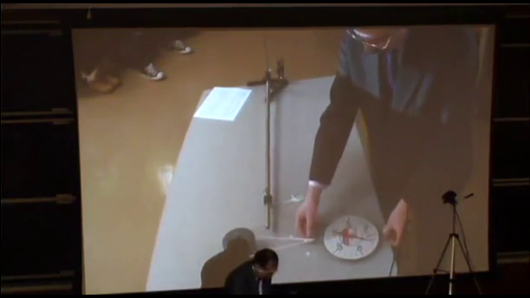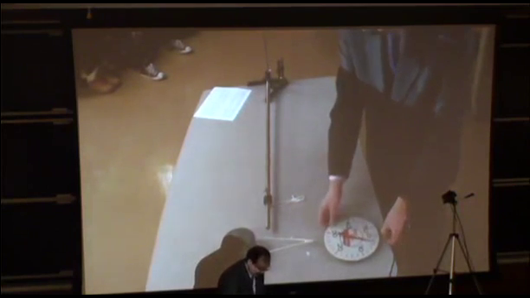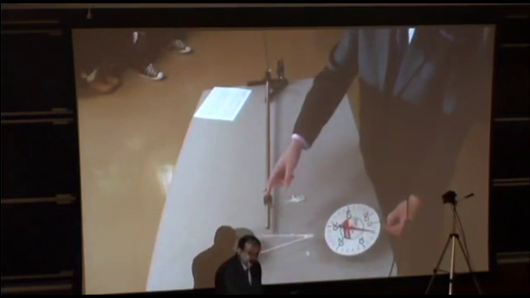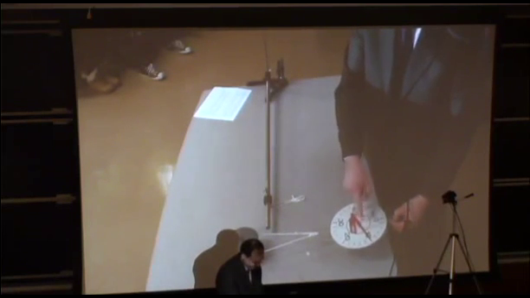So for example, right now, I'm pulling on the string attached to this 5 kilogram weight, exactly the same as last time, and nothing is happening because the force is not strong enough. So I'm pulling, and eventually it starts moving. It starts moving when the force is about 10 newtons.